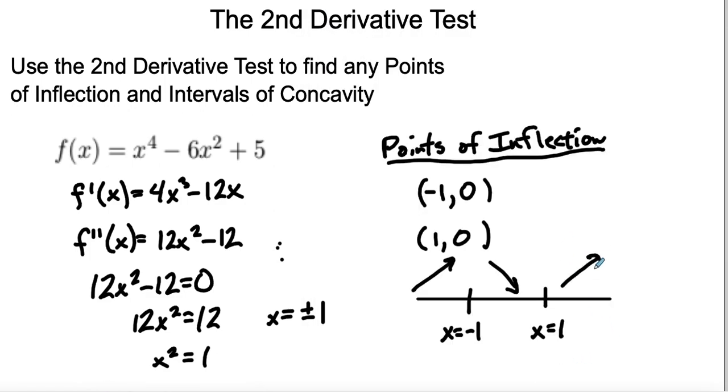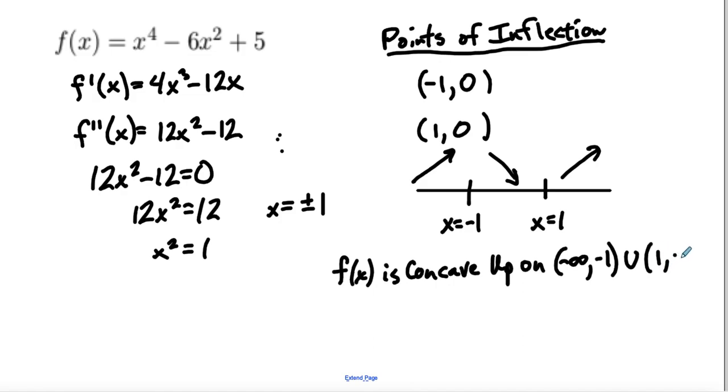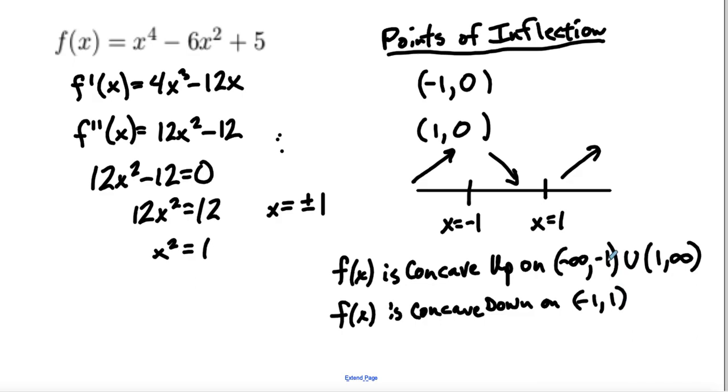Positive, negative, positive, meaning f of x is going to be concave up on negative infinity to negative 1, and then again from 1 to infinity. f of x will be concave down just in that middle section from negative 1 to 1. Okay, and now we're done with this one. We've got our points of inflection and we have our intervals of concavity, and now you're done with the second derivative test.